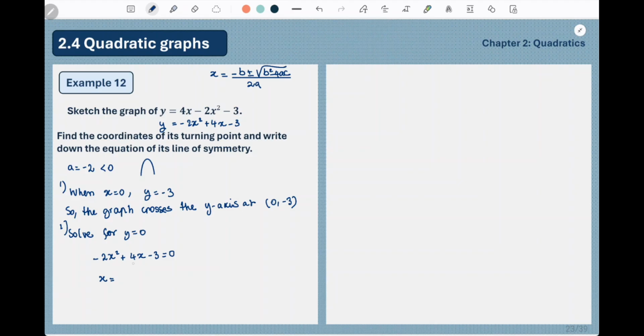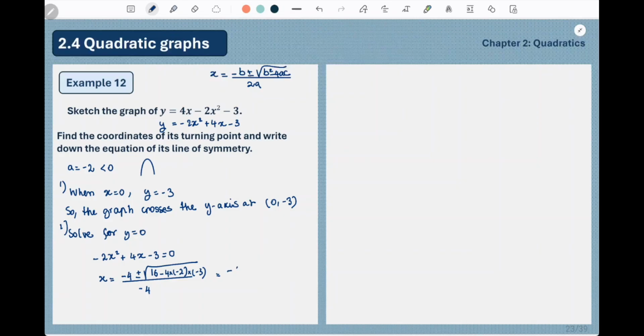So in this case, b is 4, so minus 4 plus or minus, and then over 2a. So in this case, a is minus 2, so 2 times minus 2 is minus 4. b squared is 16, minus 4 times minus 2 times c, which is minus 3.